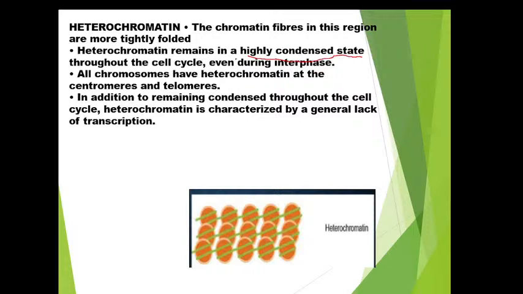That is, throughout the cell cycle, the chromatin will be in a highly condensed state. That is what is known as heterochromatin. So the chromatin is not at all free for transcription or translation.